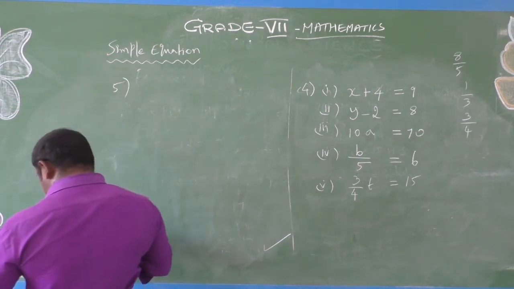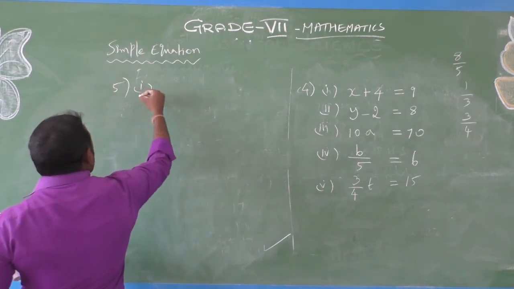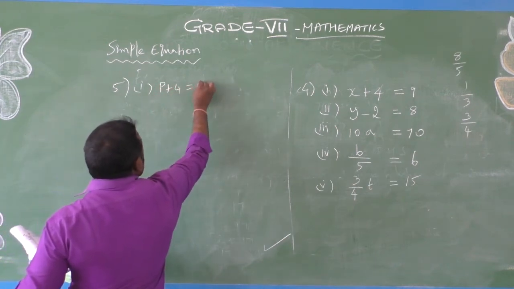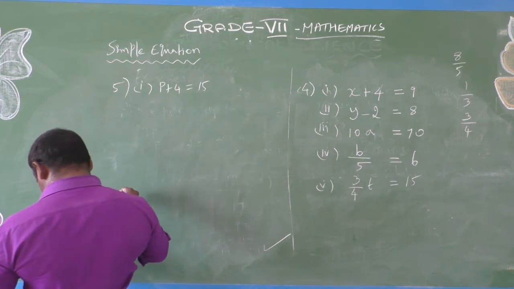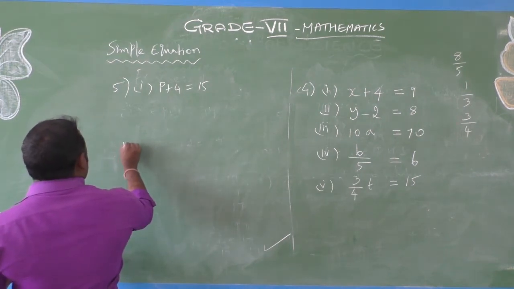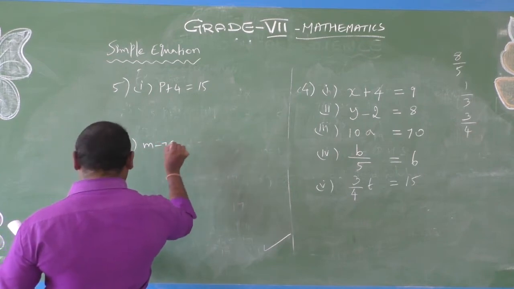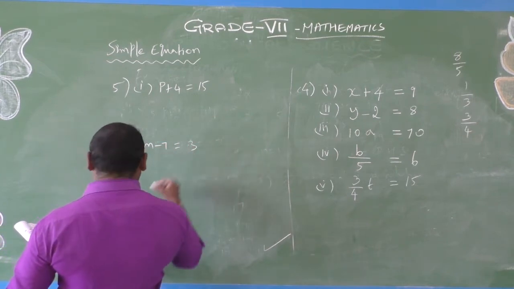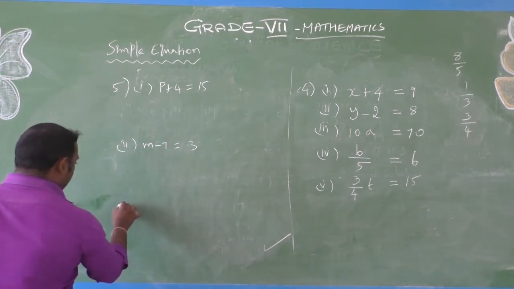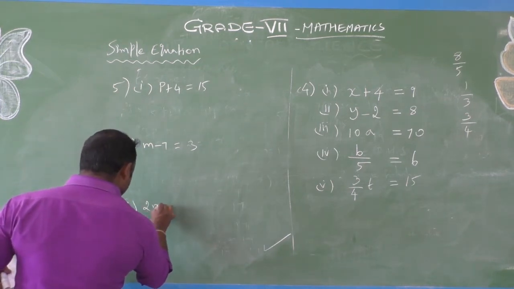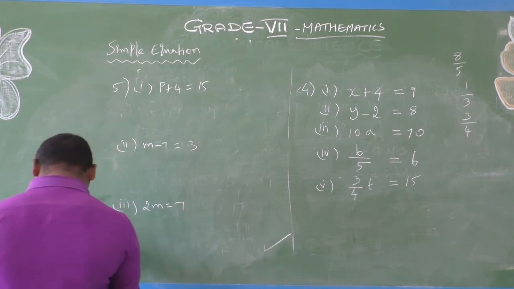Then fifth question. First one, p plus 4 is equal to 15. Second one, m minus 7 is equal to 3. Third one, 2m is equal to 7.